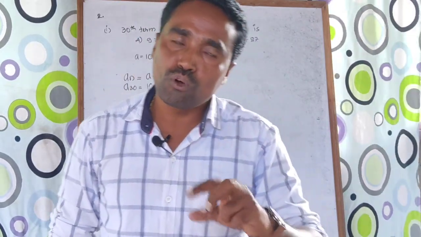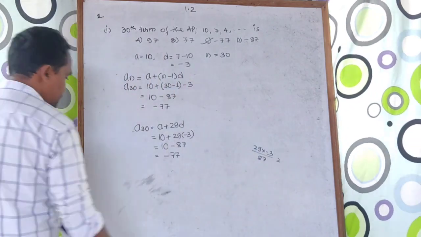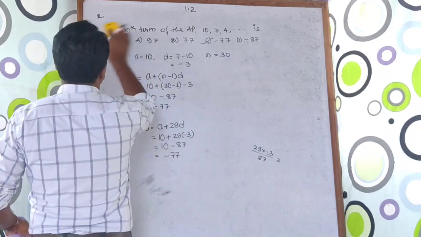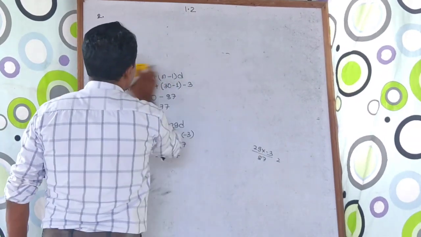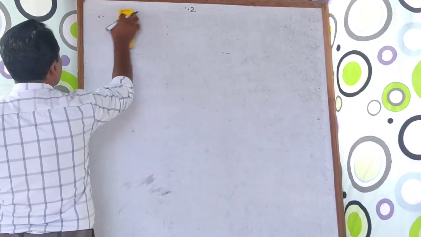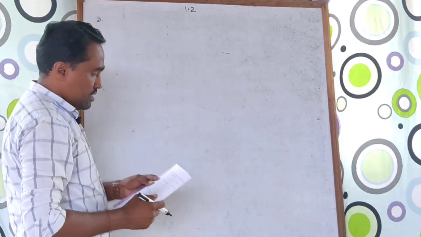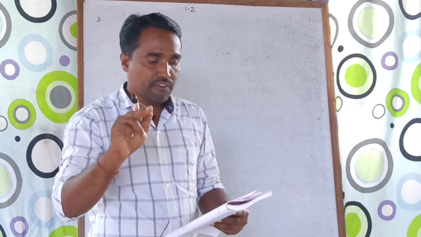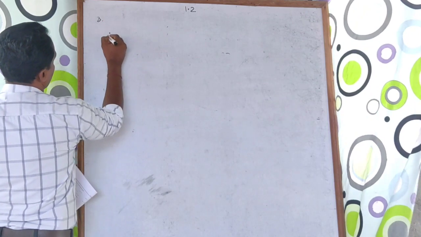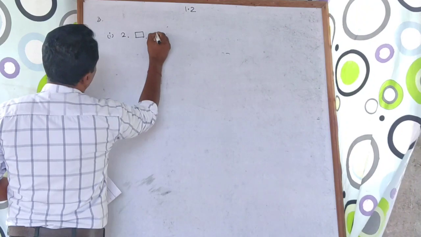Now we will have two more questions from this exercise. Number third main. Let me show you in the third main. This is not the difficult one. The question is, following APs, find the missing terms in the boxes. Look at the boxes here. The first one is 2, then there is a box, then 26.